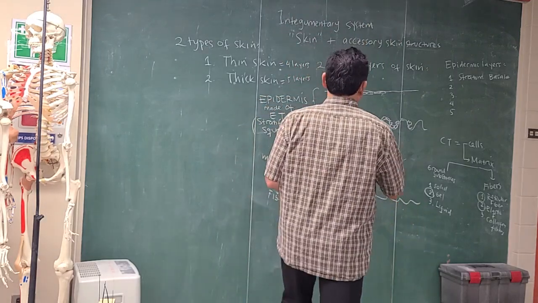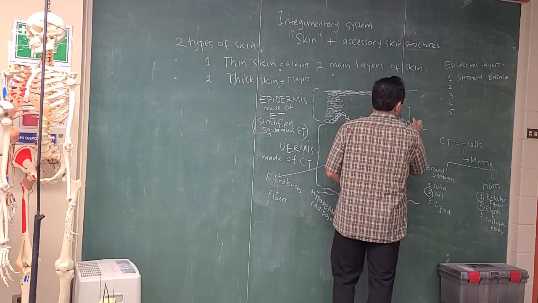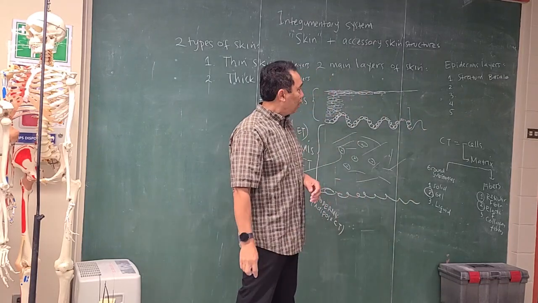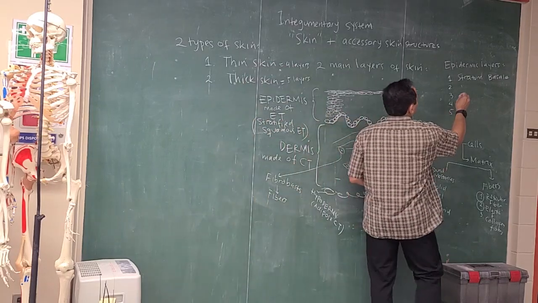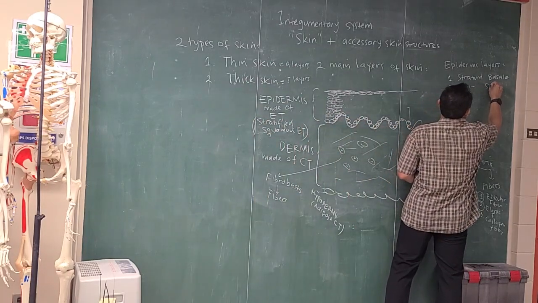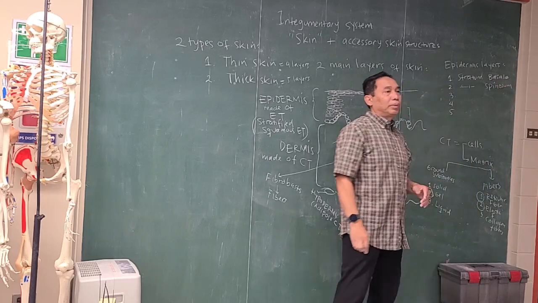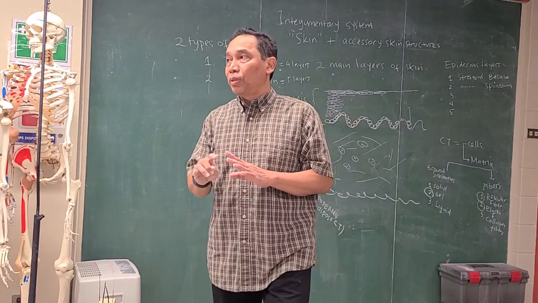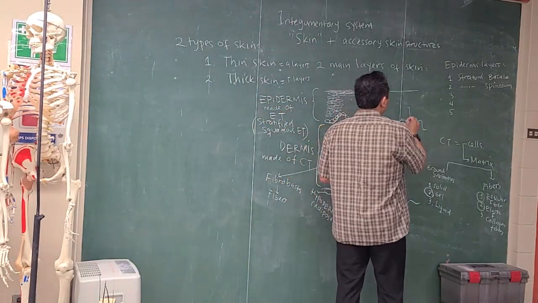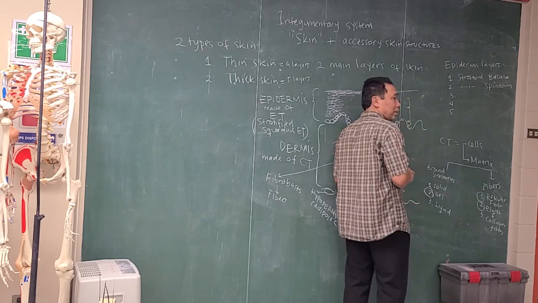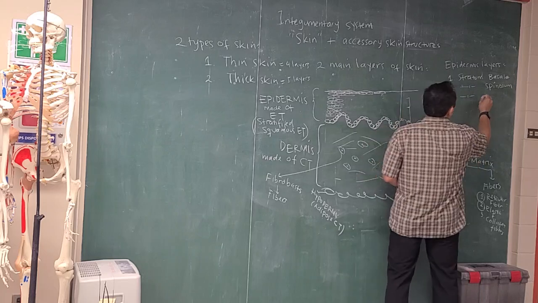The second layer, on the top of this basal layer, there are several layers of cells. It's called stratum spinosum, spine. Stratum spinosum. The next layer on the top of that spinosum is called stratum granulosum.